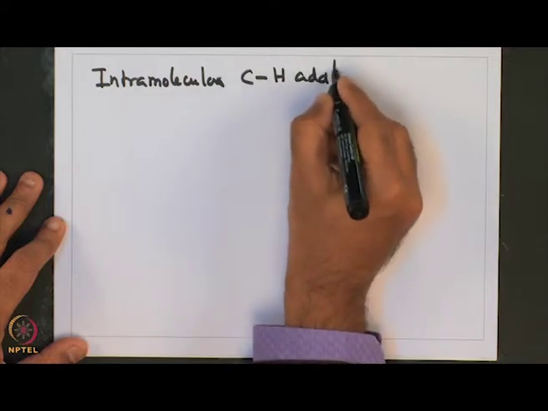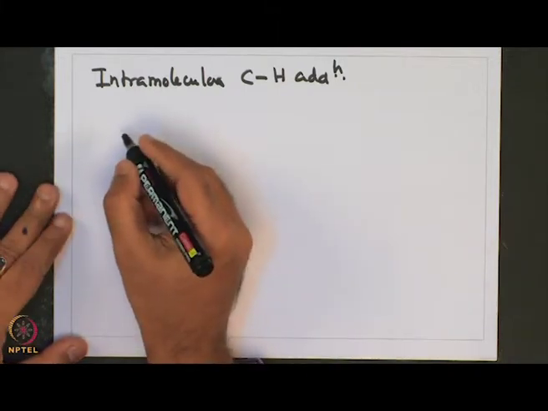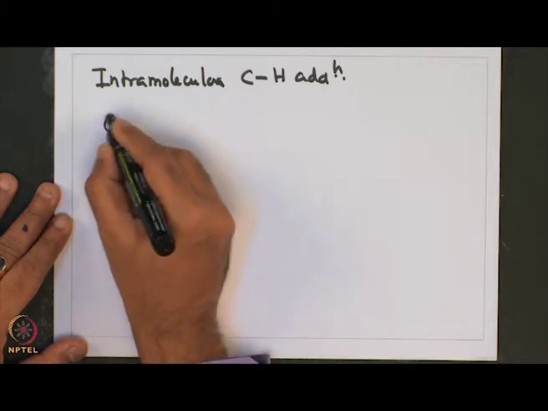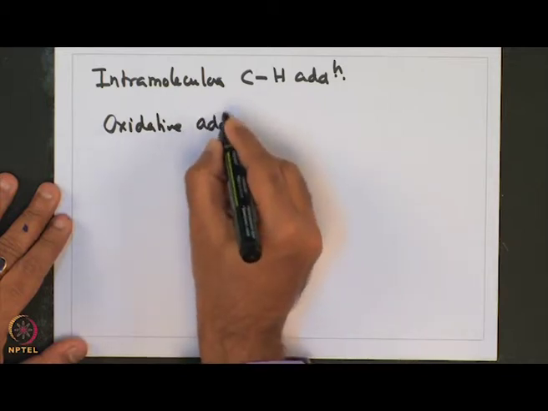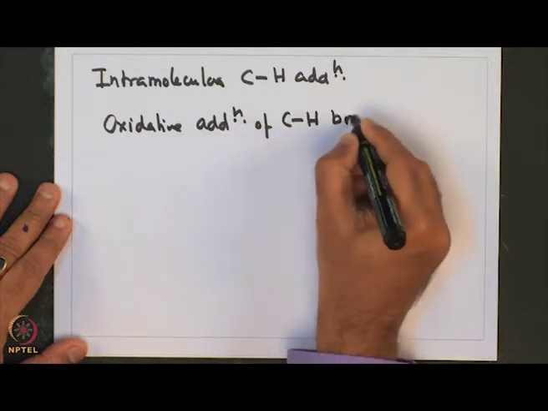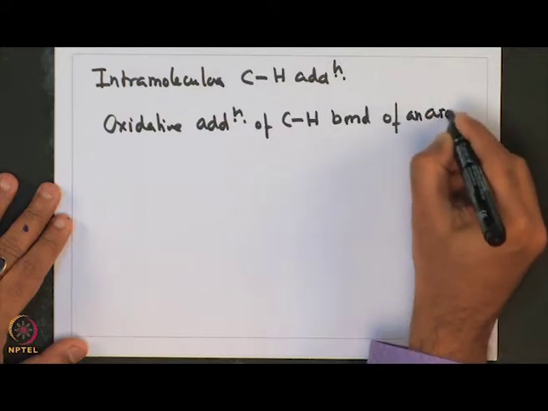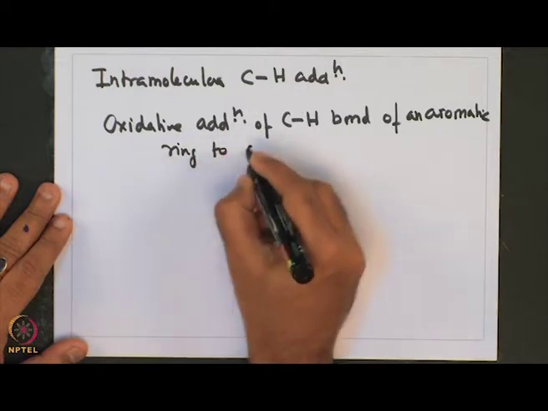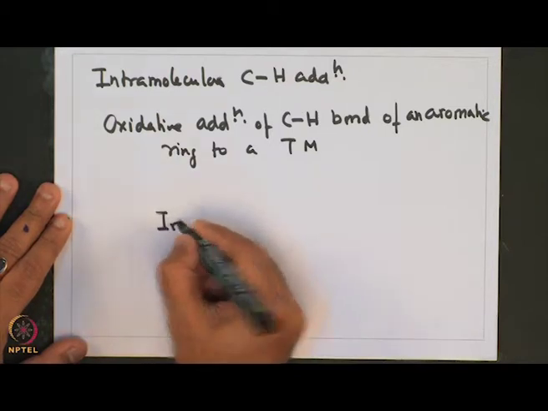This mainly is observed in oxidative addition of CH bond of an aromatic ring to transition metal. An example is given over here.